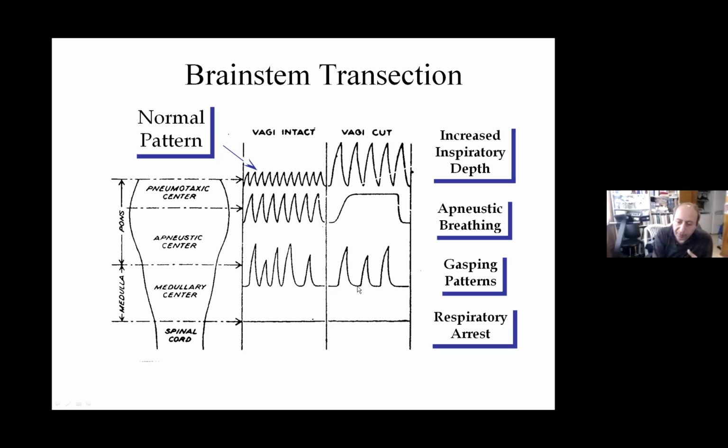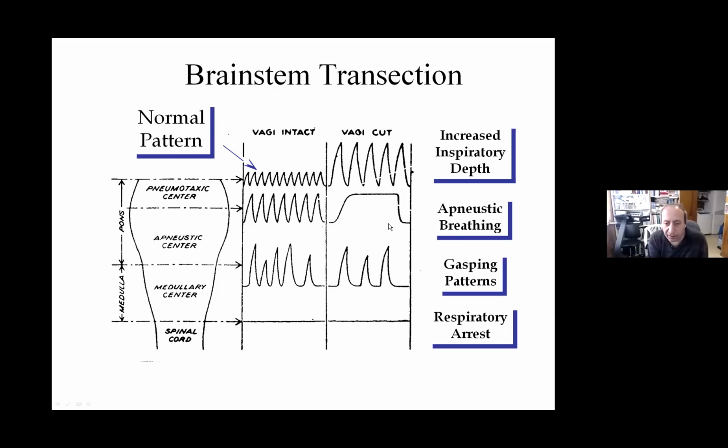an increased gasping pattern. Now, the pons has two centers, the apneustic center and the pneumotaxic center. These also cause inhibition of the medulla. So if we cut the inhibitions, then we get more excitation, so slower but higher amplitude breathing.